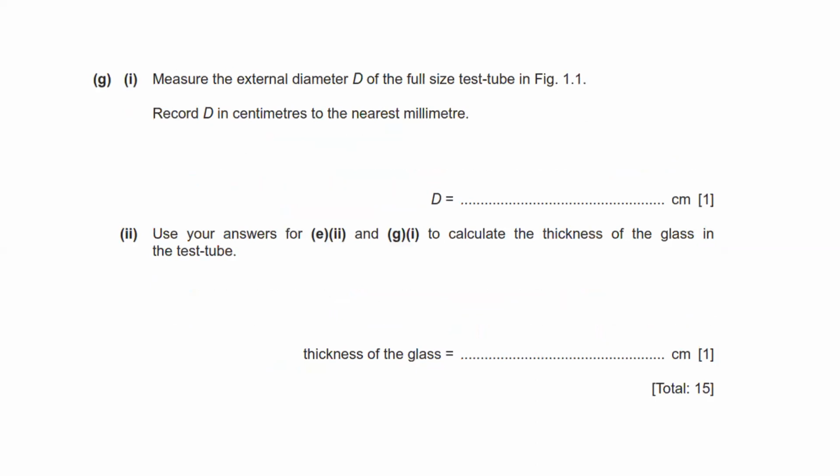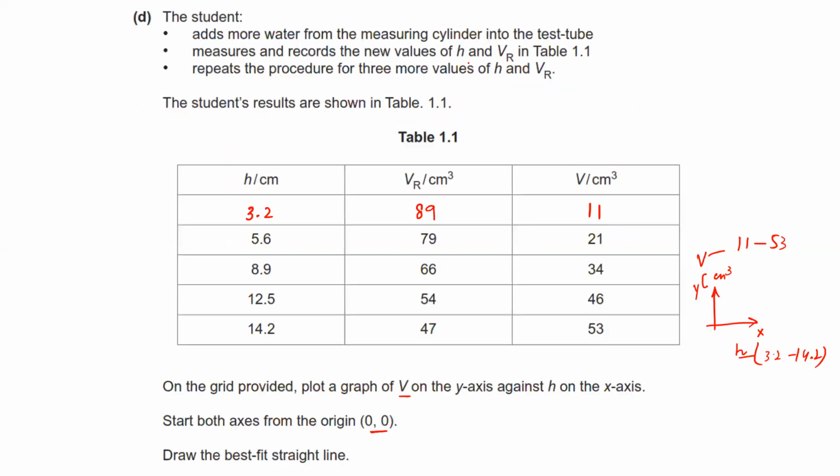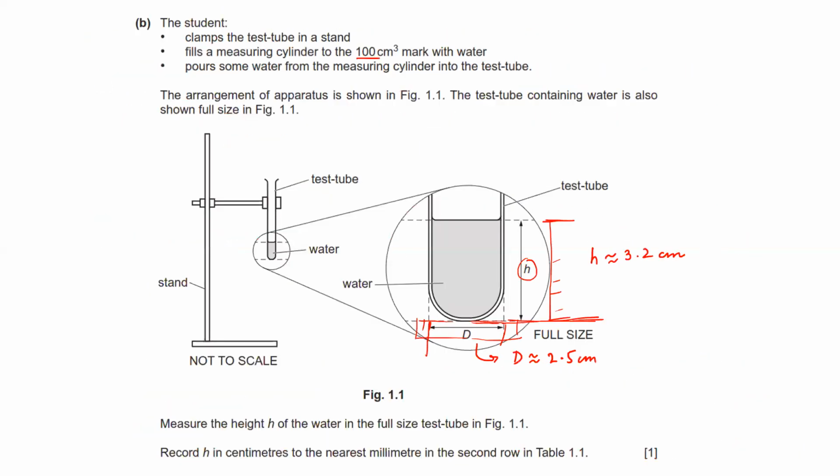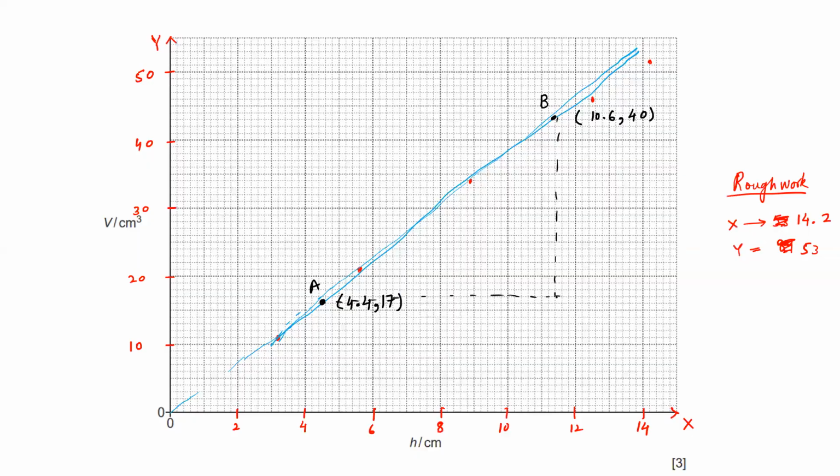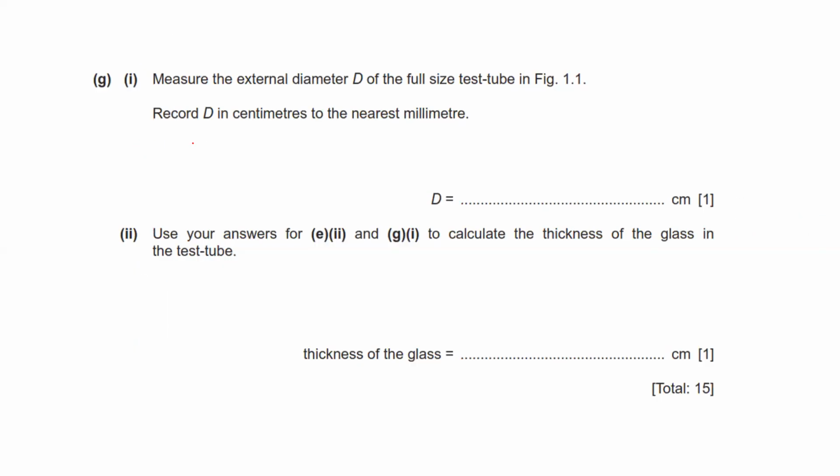So moving ahead, part G, it says measure the external diameter D of the full size test tube. So remember, we have measured it earlier, and we measured it to be 2.5 centimeter, or you can say 2.4 centimeter as per your marking scheme.